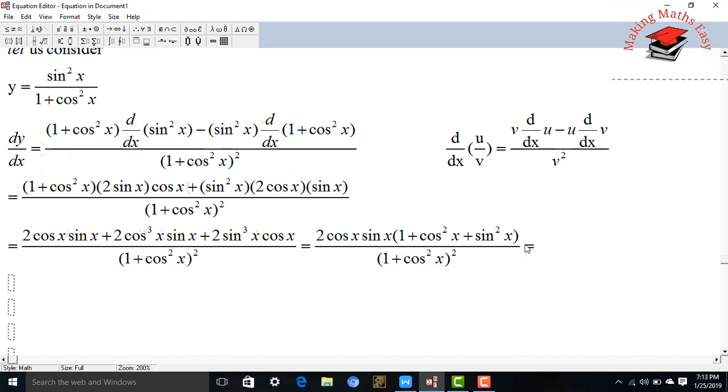Now again, sin square x plus cos square x equals 1. As we know, sin square theta plus cos square theta equals 1, so we replace cos square x plus sin square x by 1.